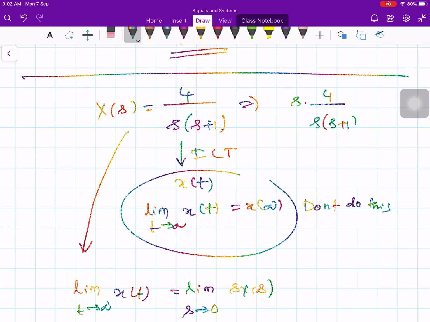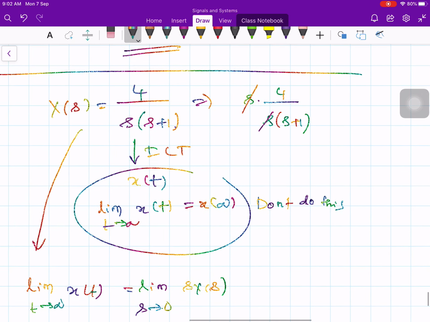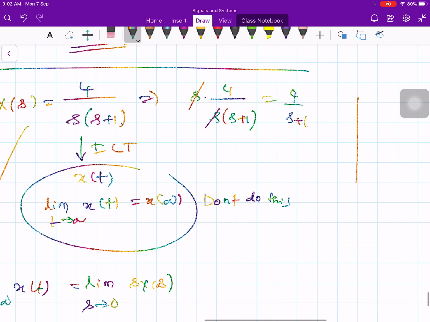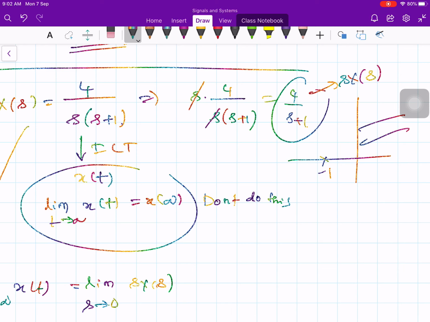So you will get 4 divided by s plus 1. What is the pole location? At minus 1. No problem. So this s times x of s does not have any pole on the right half plane or on the imaginary axis. This is my j omega and this is sigma. Therefore those three conditions are satisfied.